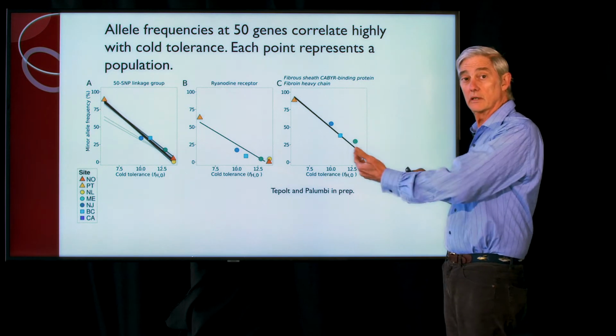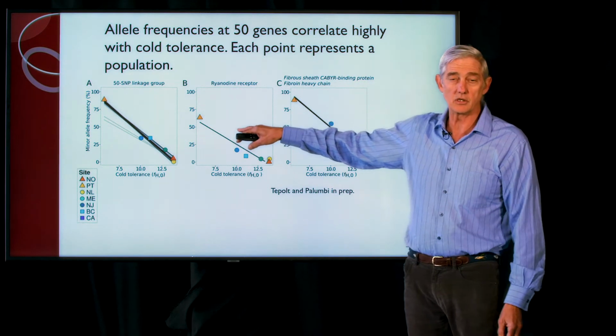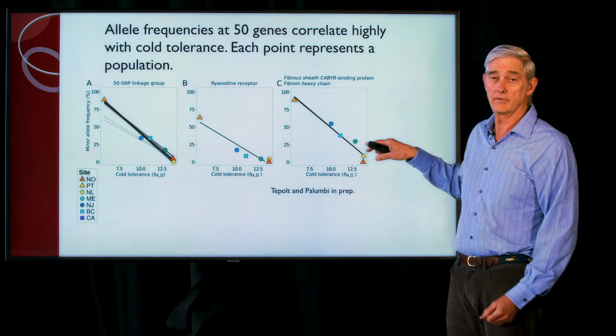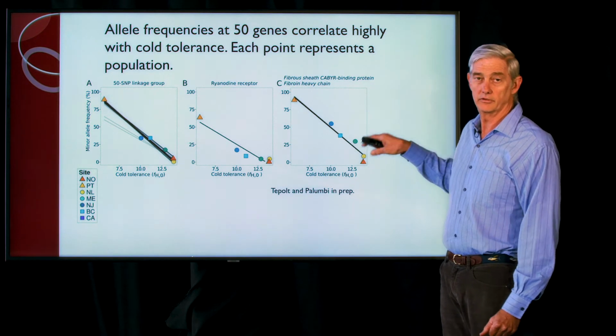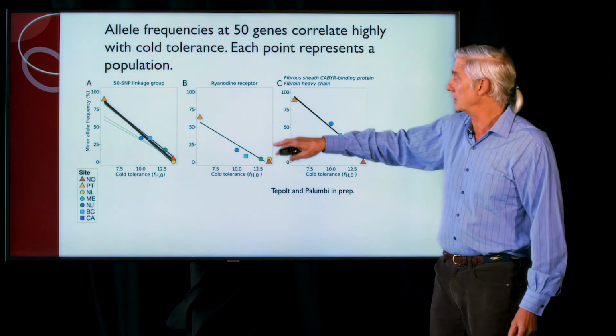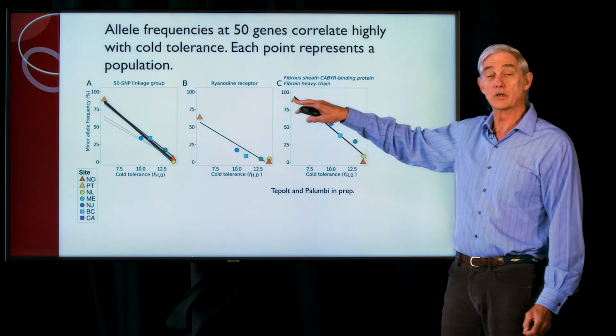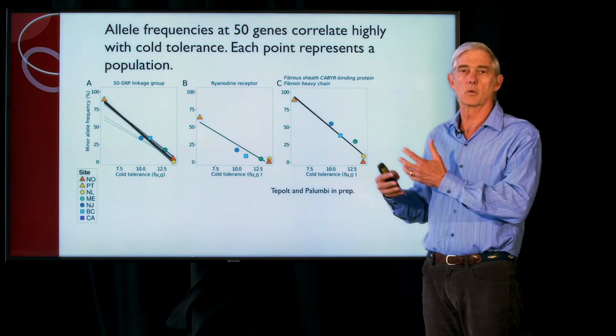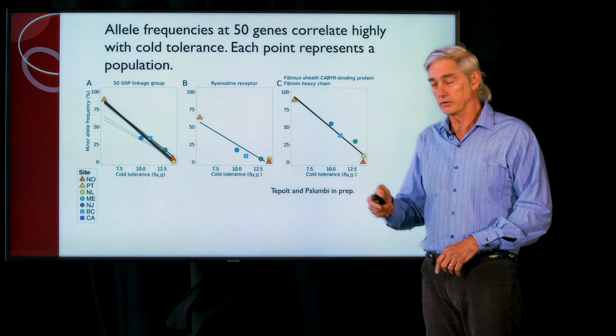But if these genes are linked, and I've got an AB genotype at this gene, then if they're really highly linked, I'm much more likely to have an AB genotype at this gene too. So it's the ability of the genotype at one gene to predict the genotype at another gene. That's essentially what high linkage is.